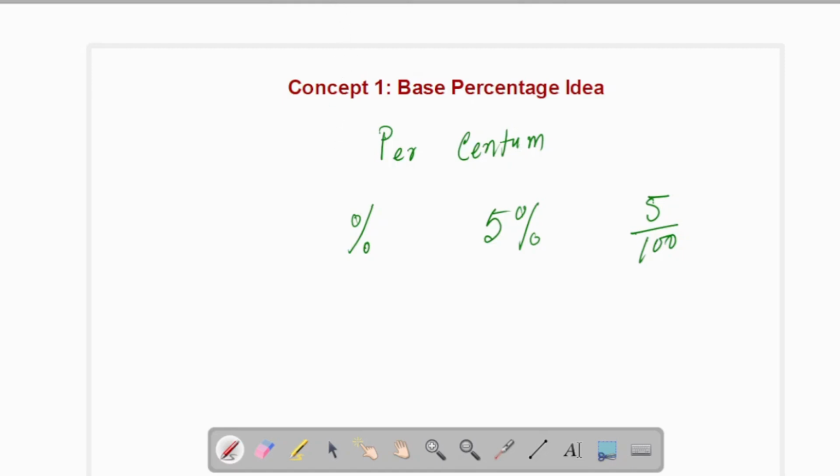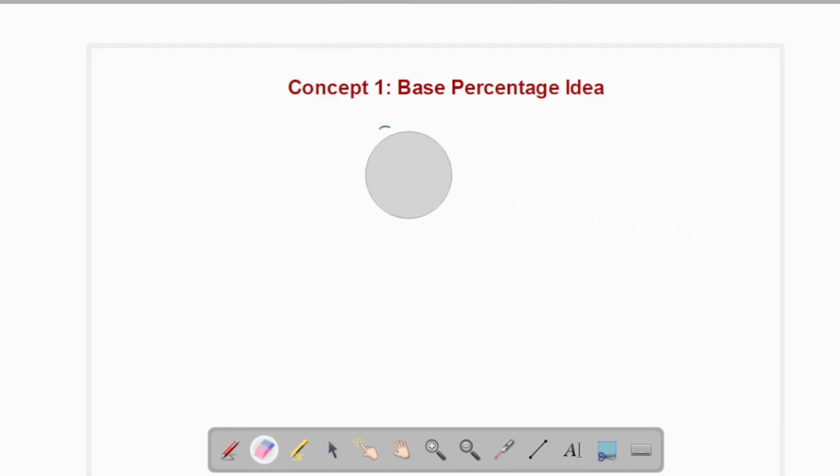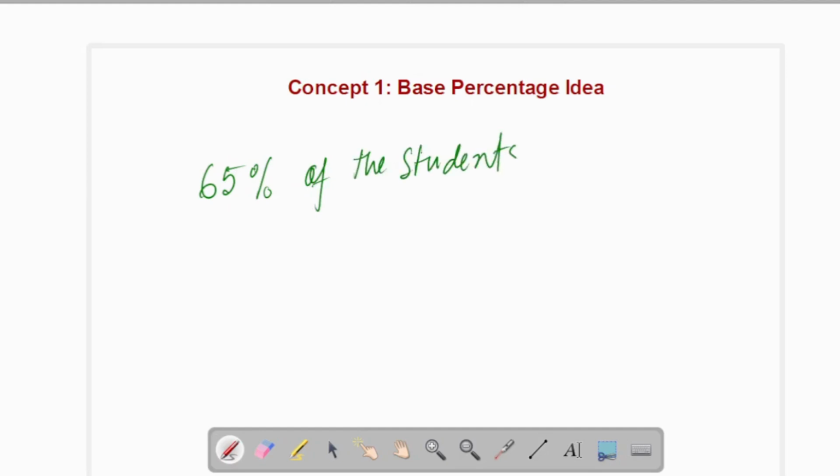Now consider an example. Suppose 65% of the students in this class are boys. From this context, it is understood that boys form 65% of the total number of students in the class.